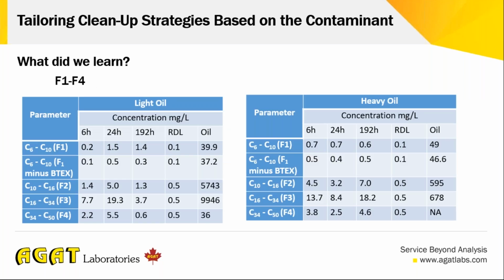What you see here is a different set of data, sorry, but it has been presented in the same manner. This is F1 to F4 with their carbon ranges of straight chain hydrocarbons. Again, 6 hours, 24 hours, 192 hours.